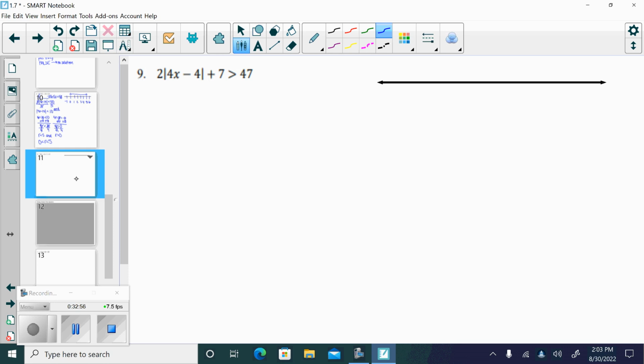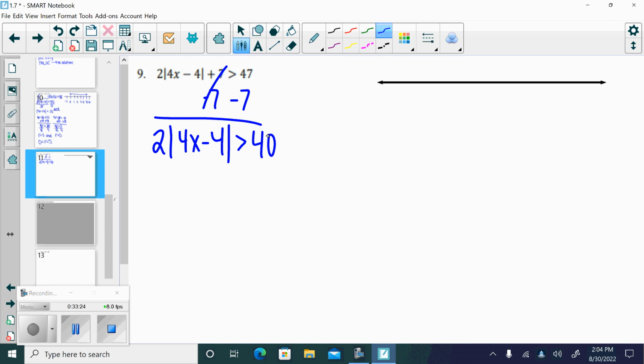Okay, so remember, whatever is stuck with the absolute value needs to get alone. So that 2 is stuck with it for now. So what do I need to do first? Subtract the 7. So subtract 7. I get 2 times the absolute value of 4x minus 4 is greater than 40.